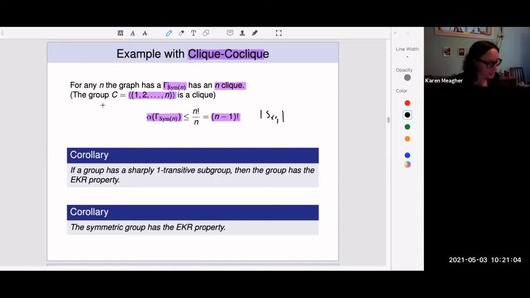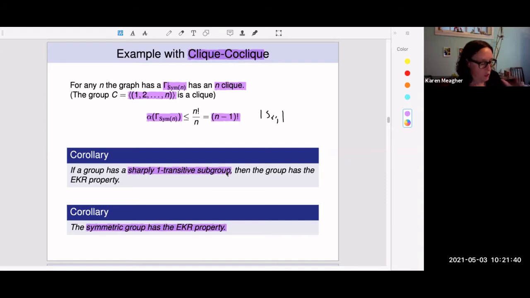What this tells us is that the symmetric group has the EKR property. We've got the size right away just by holding on to this subgroup for the symmetric group. And whenever we have a sharply one-transitive group, it is going to be exactly a clique in our derangement graph because it has enough group elements to map everybody somewhere, but because it is sharply one-transitive, every time we've got an i going to j, there's only one permutation that's going to do that.